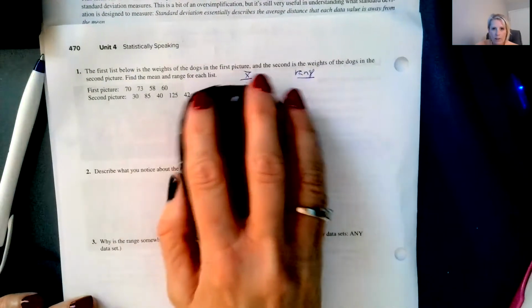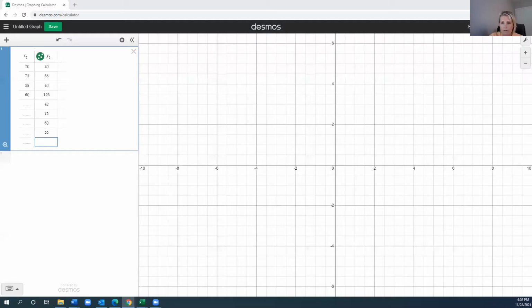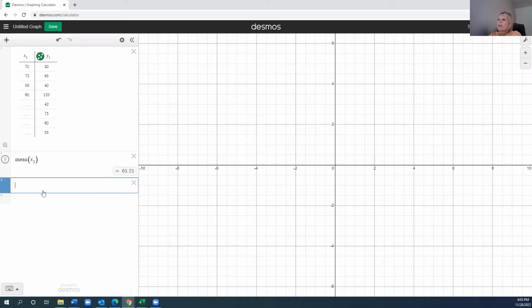So we should get out our Desmos. We have our data here in Desmos, and for our first picture, we're going to say the mean of X1, and the mean of Y1.